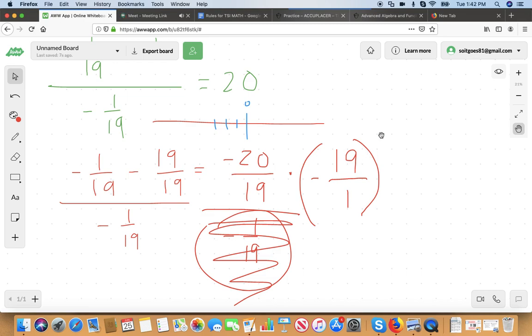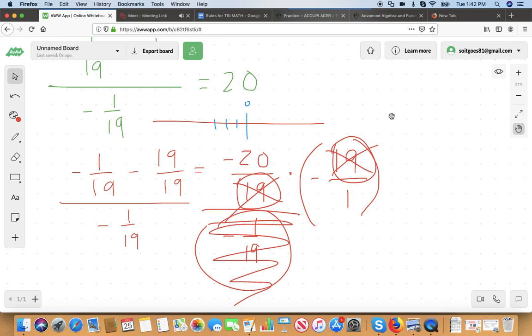All right, so we're super close. Look, we've got a 19 in the numerator and a 19 in the denominator, and we're multiplying these two values. What can I do? I can cancel them out. Absolutely, X them out. They're gone, because 19 divided by 19 is just 1.